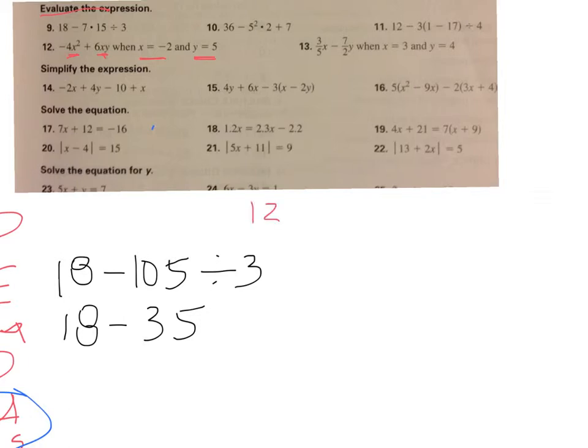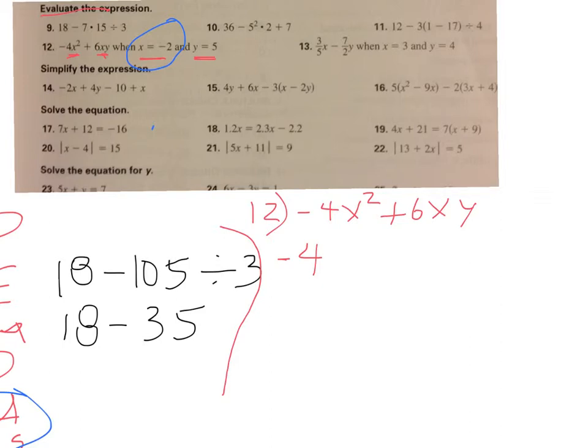Number 12: negative 4x squared plus 6xy. Now x equals negative 2, as you can see here at the top, and y equals 5. So I'm going to replace those two in my expression. Let me just make a line here so we don't confuse.